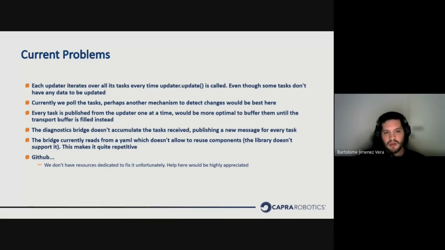And then the last one, Capra Robotics: we took the maintenance of the micro-ROS diagnostics, and we have had, fortunately, help from the people from Bosch, from Ralph. I've been asking him and bothering him a bit, but it takes some time because we don't use GitHub in our own organization and we're not used to all the ROS part.